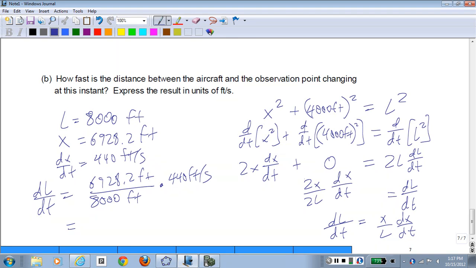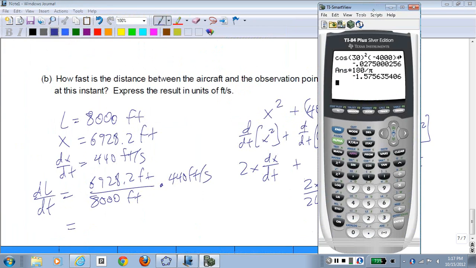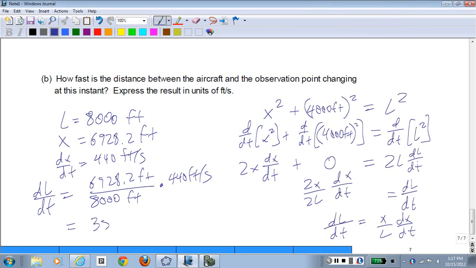What's dL/dt? About 381.1 feet per second. It's getting that much longer every second. Yes, the length of the diagonal is increasing by 381.01 feet each second.